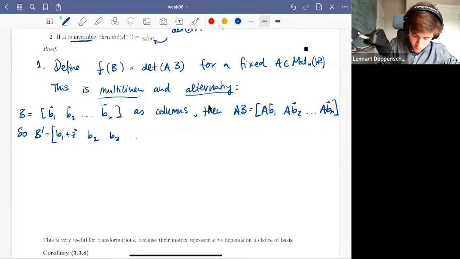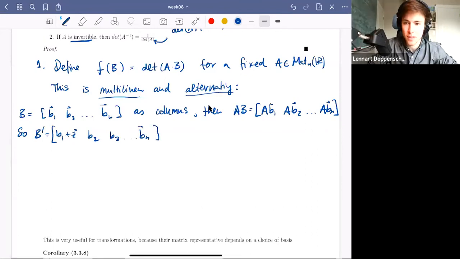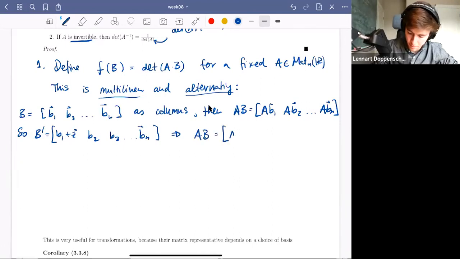So if we have 2 vectors added in the first column, then this means that AB has first column A times B1 plus Z, and all the other columns are unchanged.